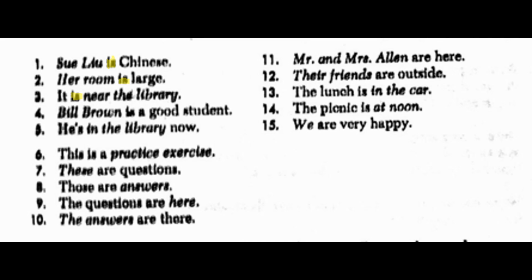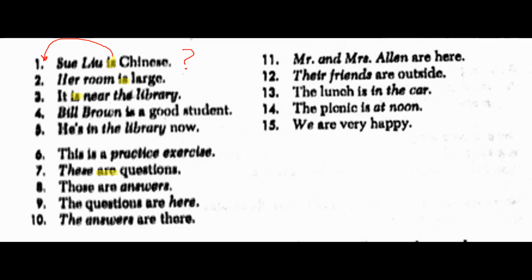Here there are questions. Are is the auxiliary. So in Sulio is Chinese, we change the position of is and put it at the beginning. Sulio is Chinese. Is Sulio Chinese? And add a question mark.